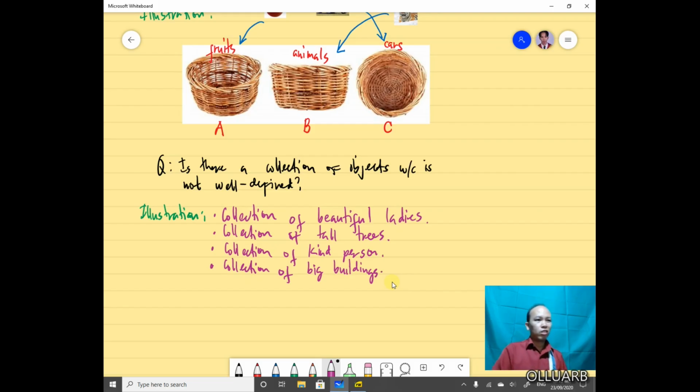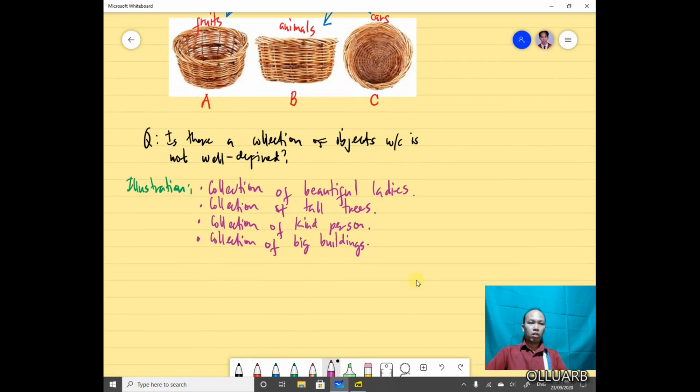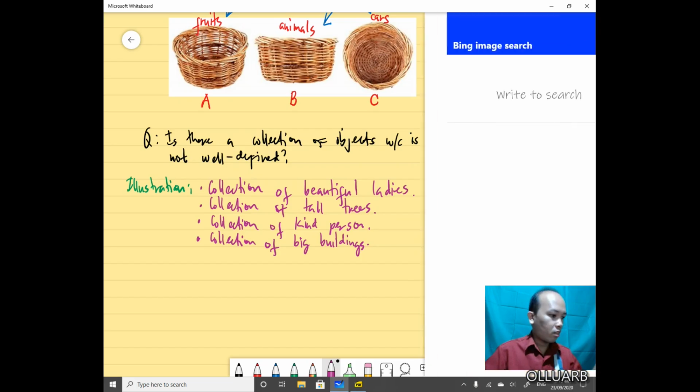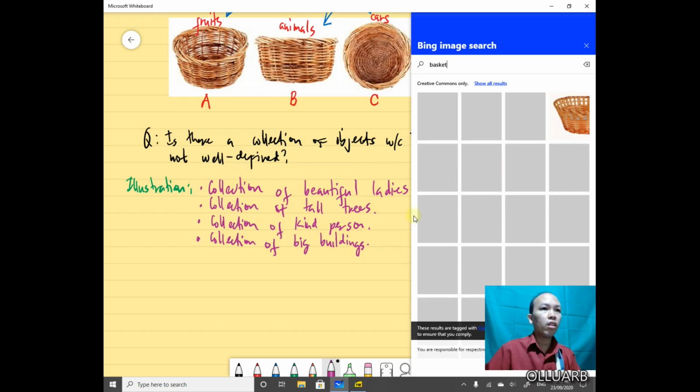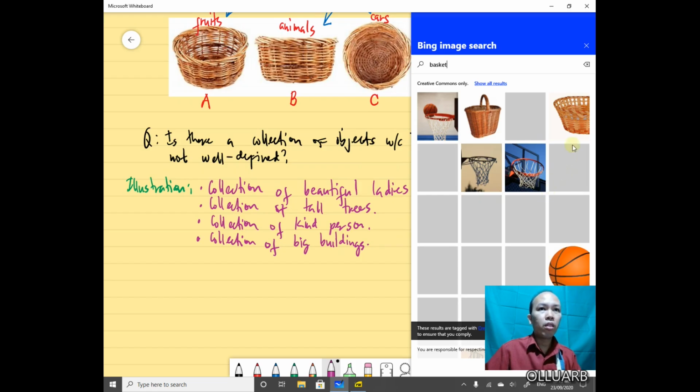So these collections here are examples of collections which are not well defined. Let's have a basket. Let's try to illustrate this in a more beautiful illustration.